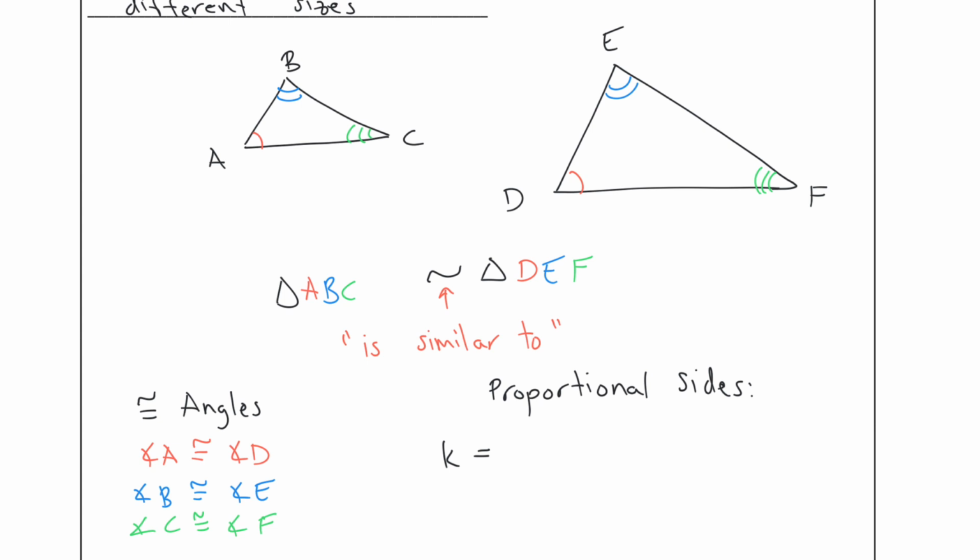Now, we also worked with image and pre-image. Image is the shape that we get after transforming the pre-image. So according to the naming right here, the second polygon is always going to be our image.